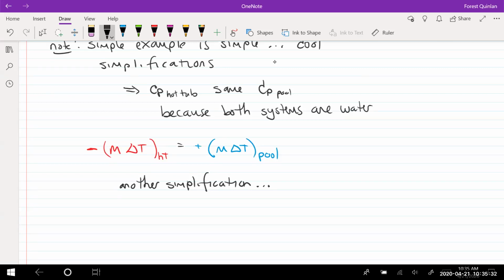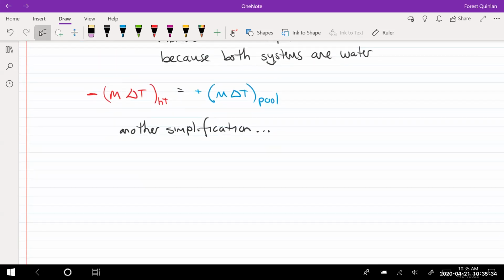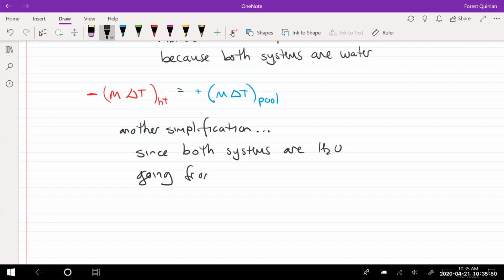So since they both use the same scaling factor to go from gallons to liters to grams, and since both systems are water, going from gallons to liters to grams, they both use the same scaling factor.